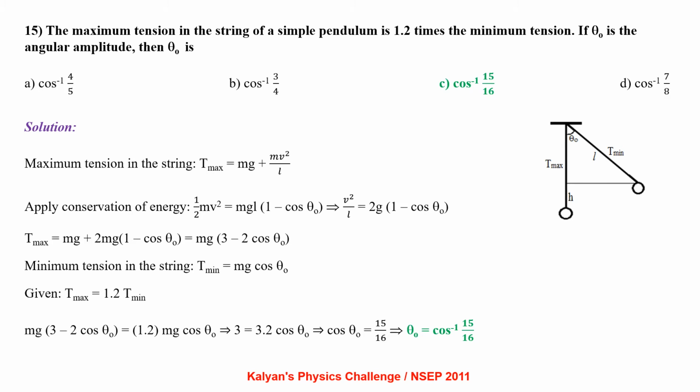T max is mg plus 2mg of 1 minus cos theta naught, which is mg of 3 minus 2 cos theta naught. Minimum tension in the string T minimum is mg cos theta naught. Given T max is 1.2 times T minimum. So by substituting the values, we have theta naught equal to cos inverse of 15 by 16.